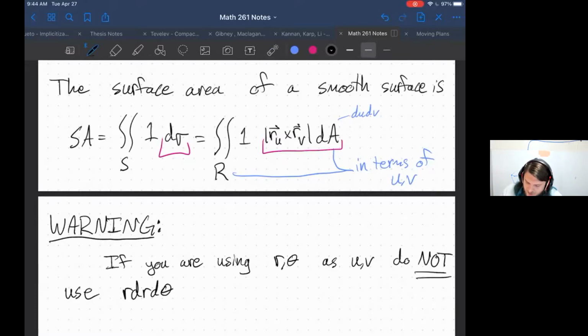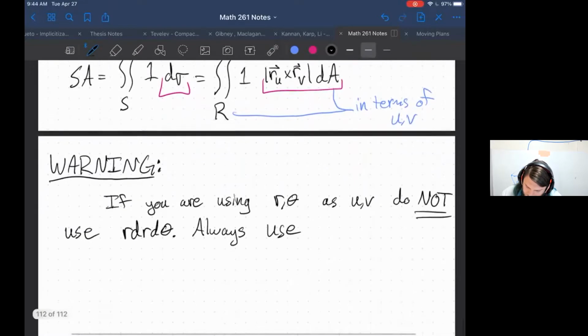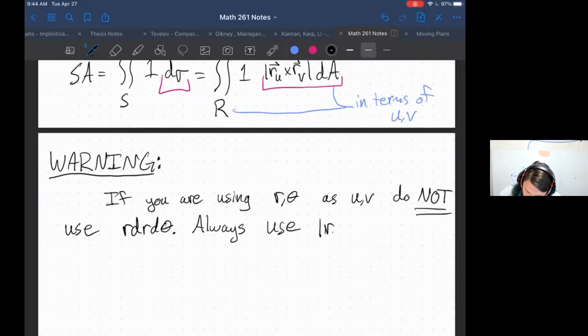So again, do not use this. Always use the cross product, or the magnitude of the cross product. Sometimes it might just be r, but it also might change.